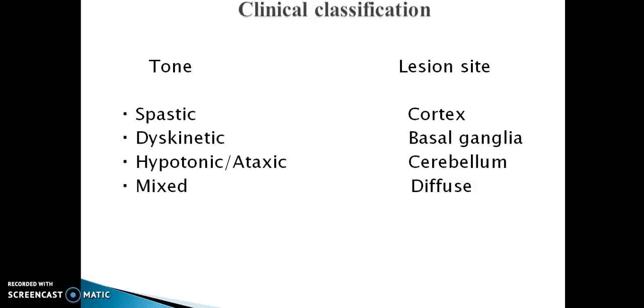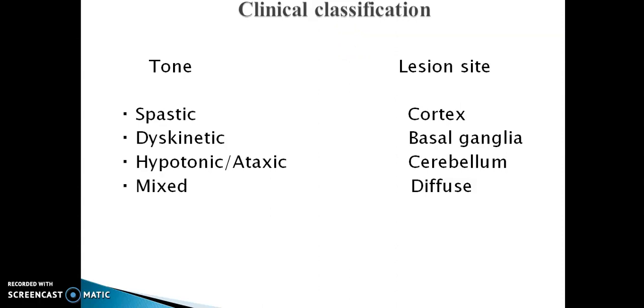The muscle tone abnormality is classified as spastic cerebral palsy, dyskinetic cerebral palsy, hypotonic or ataxic cerebral palsy, or mixed cerebral palsy. This is the clinical classification. It is not a topographic classification, it is a clinical classification according to the muscle tone.